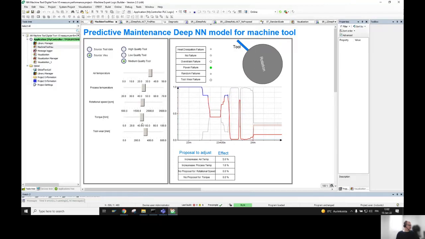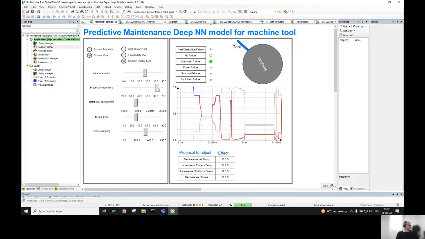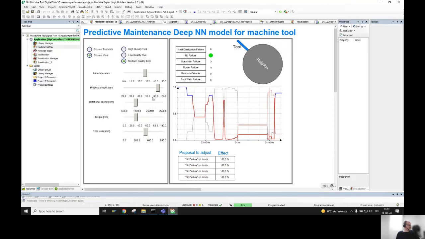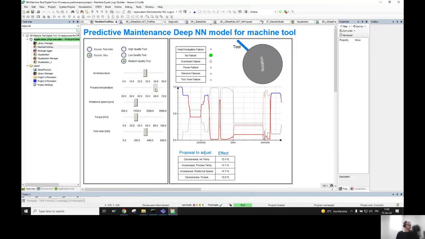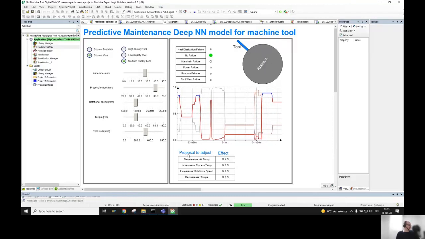Let's see if I just drop these parameters a bit. I have to increase process temperature to get back to a good area. And if I decrease process temperature, now let's come to this proposal.